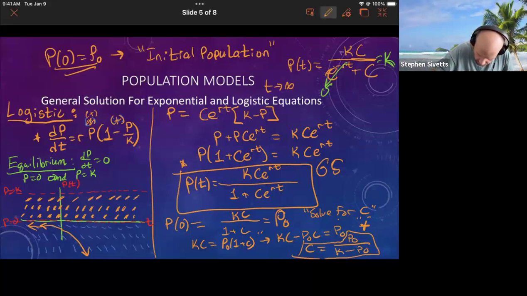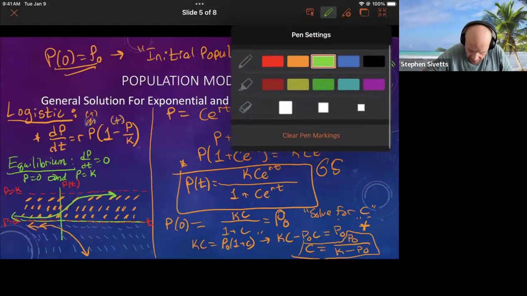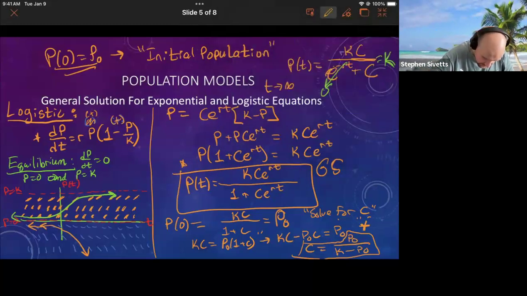And so what you'll produce as a solution curve would be something like this, what's called a sigmoid curve, so a little S shape. And if P is greater than K, well, that's pretty obvious what's going to happen. This would be positive, and then this would be a negative quantity. And so your slopes would be negative here.